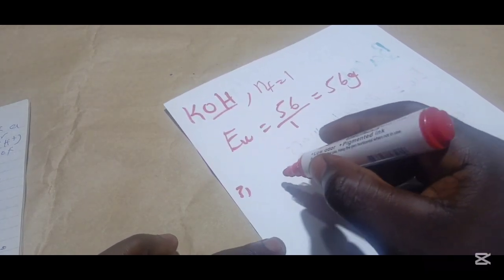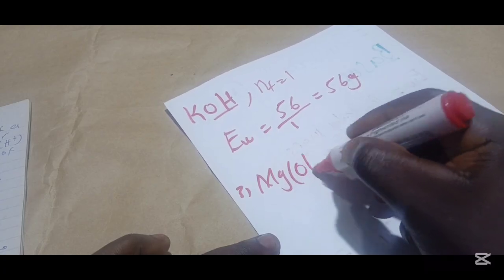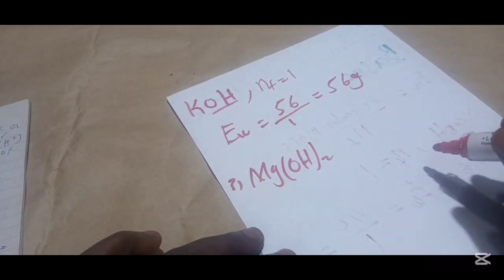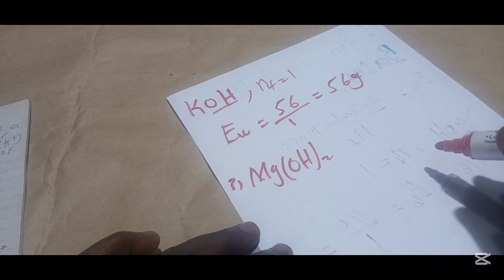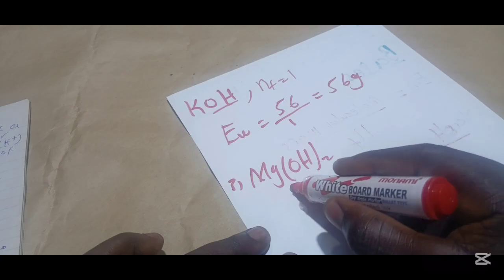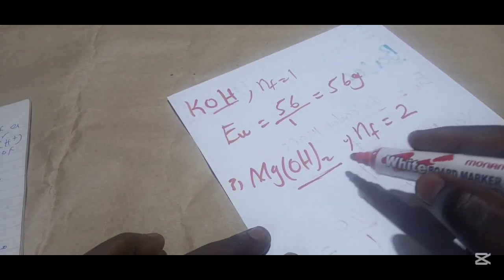Number 3, find the equivalent weight of Mg(OH)2. This is a base. The n factor will be the number of OH groups that the compound can donate. So here we have 2 OH, so our n factor equals 2, right?